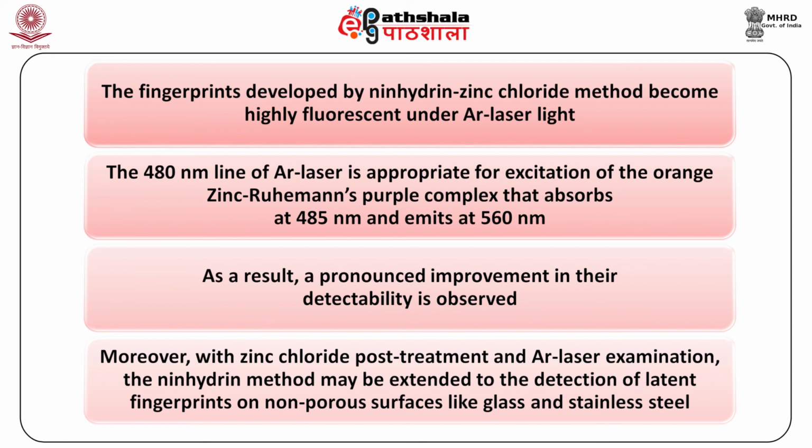The 480 nanometer line of argon laser is appropriate for excitation of the orange zinc Ruhemann's purple complex that absorbs at 485 nanometer and emits at 560 nanometer. As a result, a pronounced improvement in their detectability is observed.